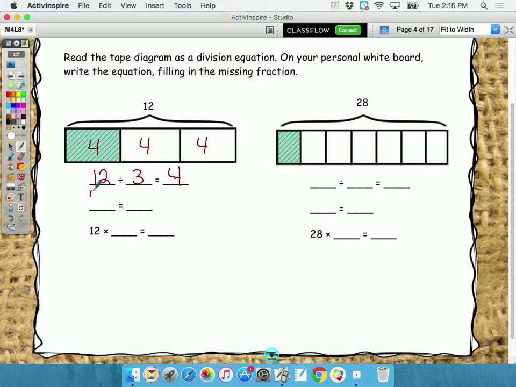12 thirds equals 4. Now, here's what I don't want anybody to shout, but what could I multiply times 12 to get 4? Don't shout it. There's no way it's a whole number.